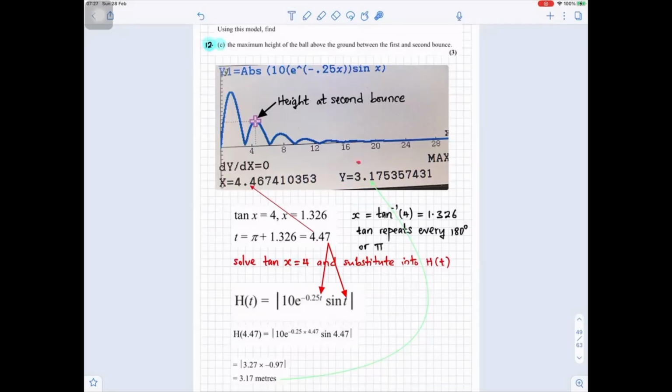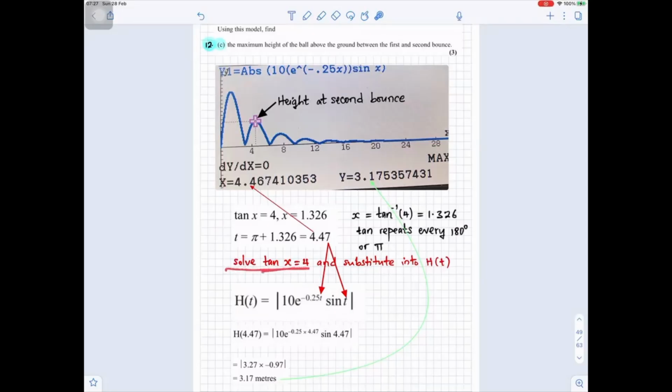So that's the calculator telling you the answer. But let's do the working out to show it. So you know tan x is equal to 4, x equals 1.326. So t is equal to pi plus 1.326. That gives you 4.47.